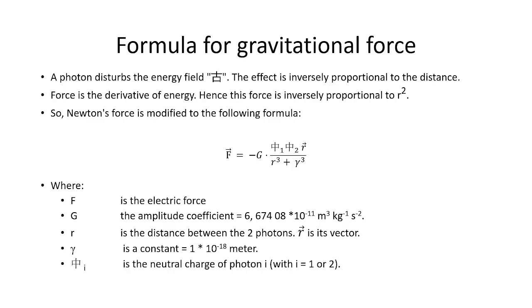So, Newton's force is modified to the following formula, where F is the force, G the amplitude coefficient, r is the distance between the two photons, gamma is a constant, zhong i is the neutral charge of photon i, with i equal to 1 or 2.